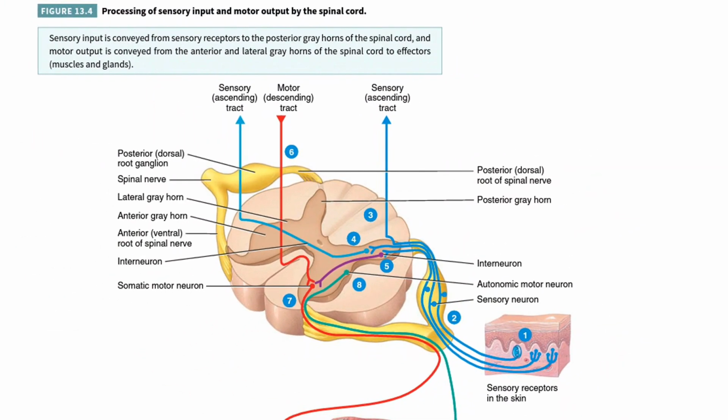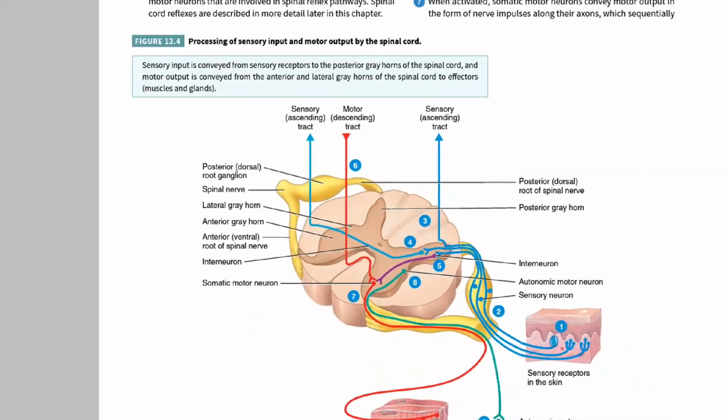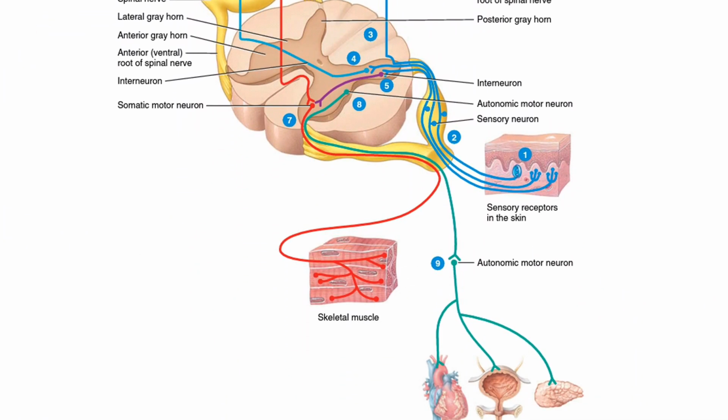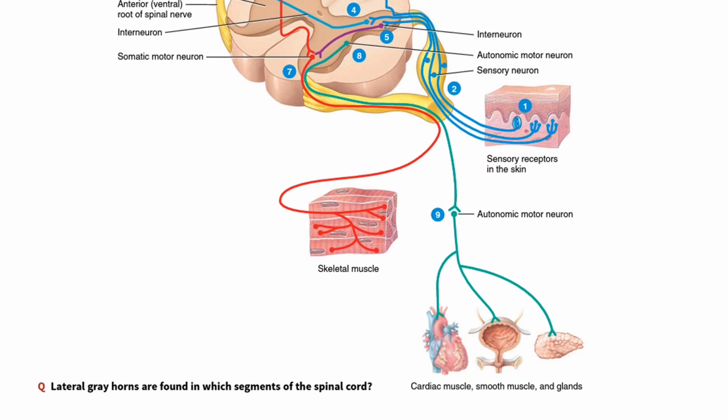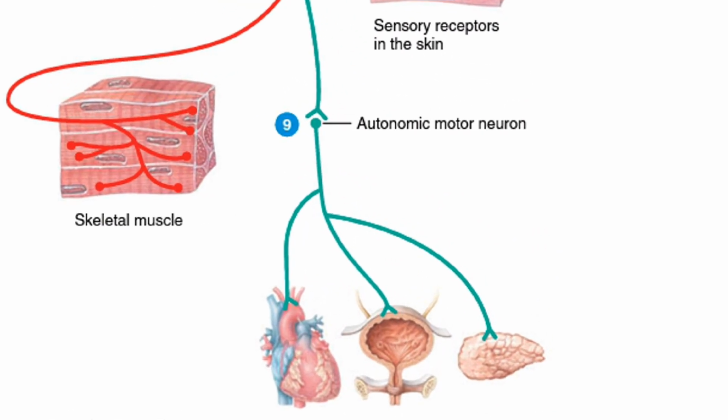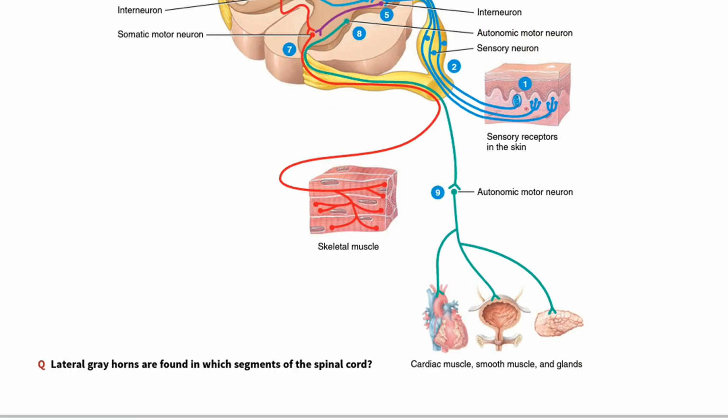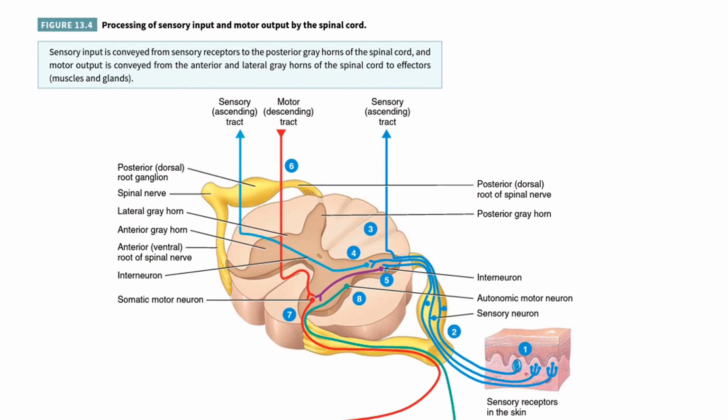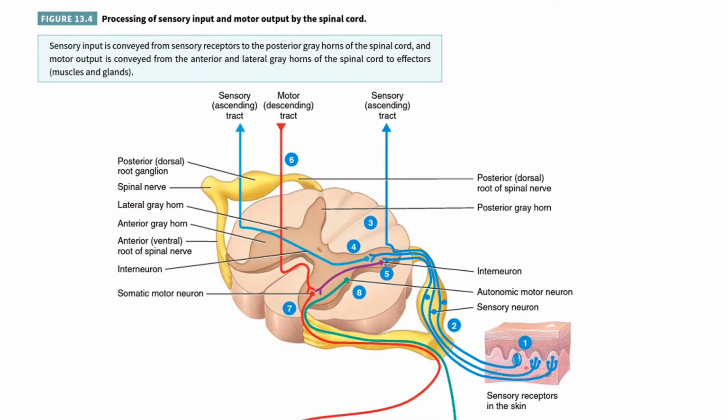So these brain orders propagate via the descending tract, and now the nerve impulse via the spinal nerve reaches the skeletal muscle or our bodily organs. So this is how the sensory inputs are processed, and this is how the spinal cord and brain are involved in interpreting and processing the sensory input.